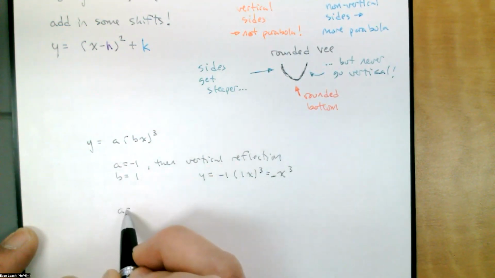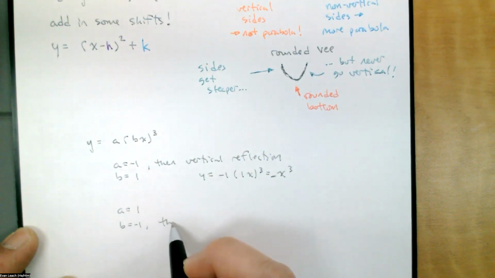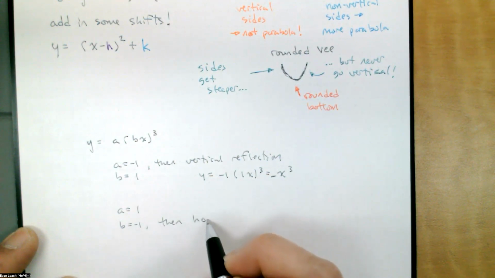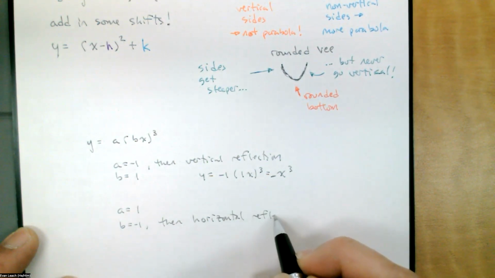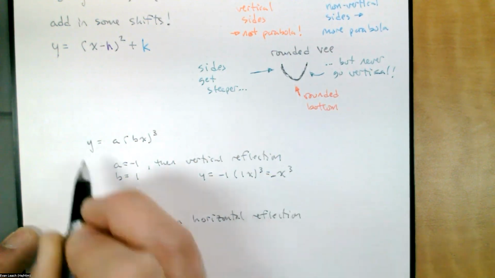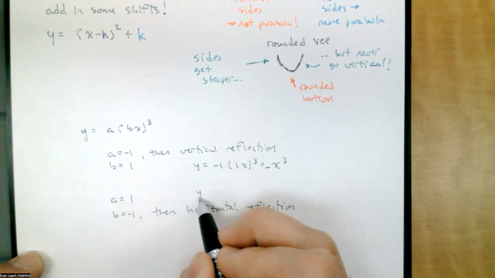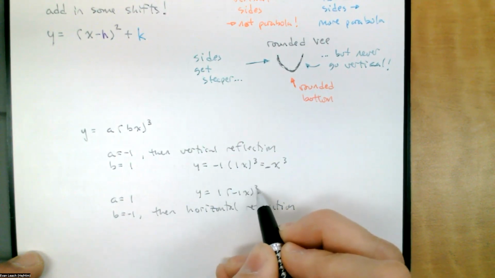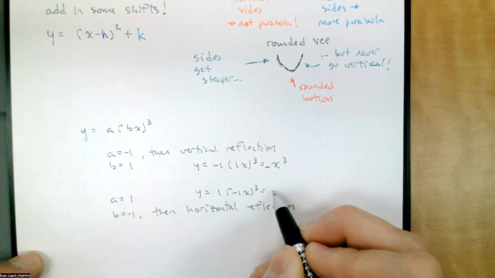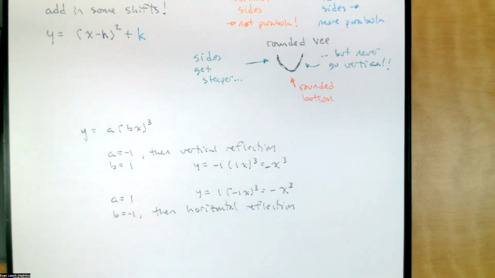But if I make a equal to +1 and b equal -1, then horizontal reflection. But because of the symmetry in our graph, that looks the same. I'd write y equals 1 times -1 x to the third. -1 to the third is still negative x cubed. So the symmetry makes the vertical reflection and the horizontal reflection look the same.